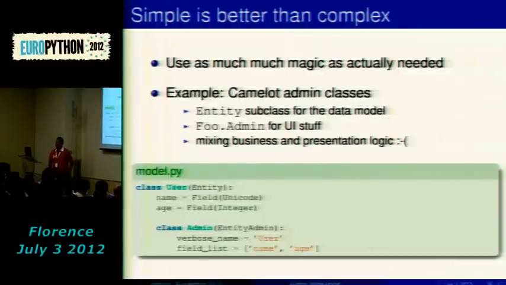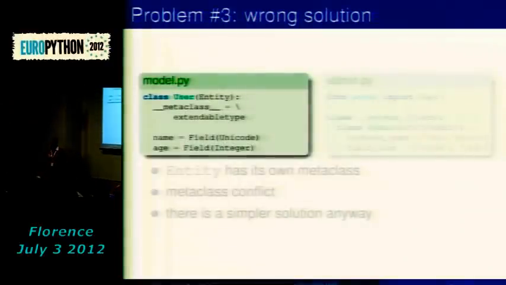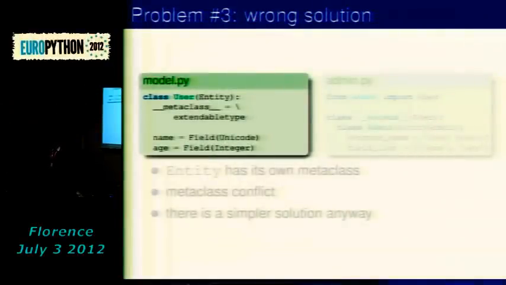However, writing the code in this style, as in this example, is not the best, because you are really mixing business logic and presentation logic. So ideally, I would like to split user and admin into different files, one containing only the business logic and the other the admin logic.